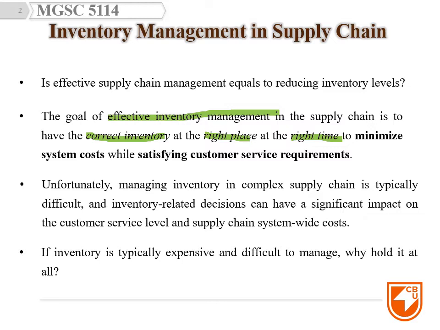However, it's not as easy as I mentioned because when it comes to supply chain, there are so many complexities coming into play, and inventory management decisions have huge and serious impact on the performance of the supply chain. That's why decisions related to inventory will have more attention and more importance compared to other decisions.